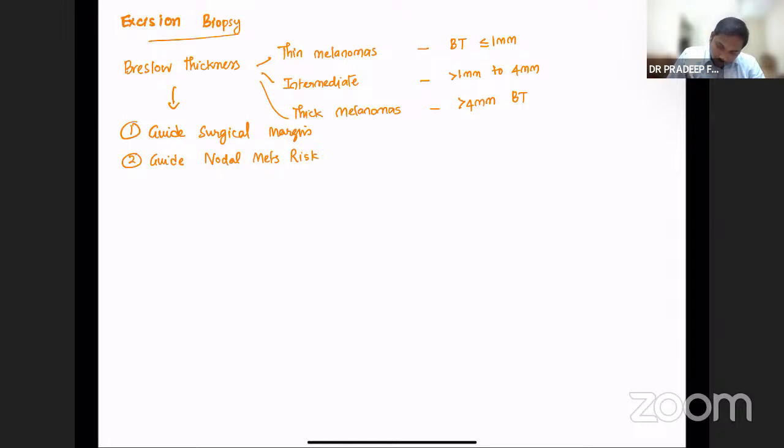So for Breslow thickness less than 1 mm or up to 1 mm, wide local excision with 1 centimeter margin is recommended. For anything more than 1 mm, 2 centimeter margins are enough.